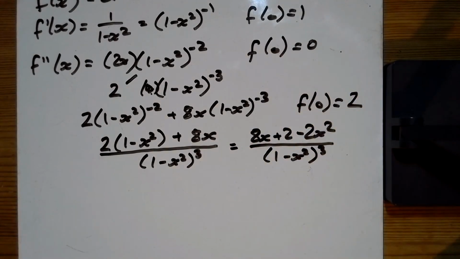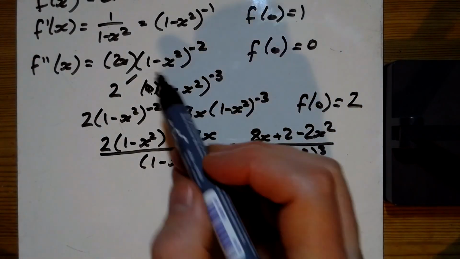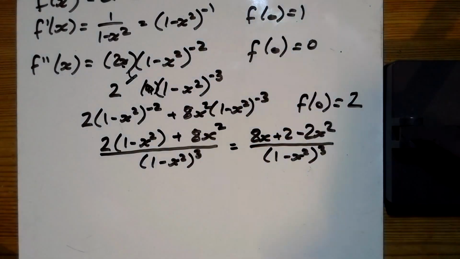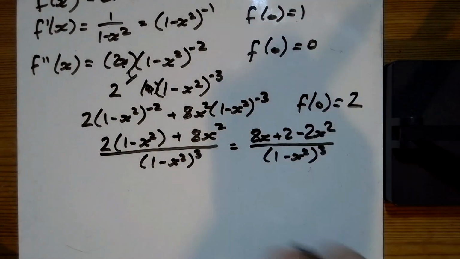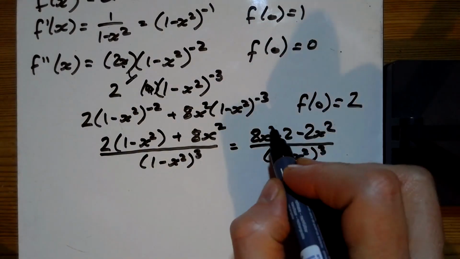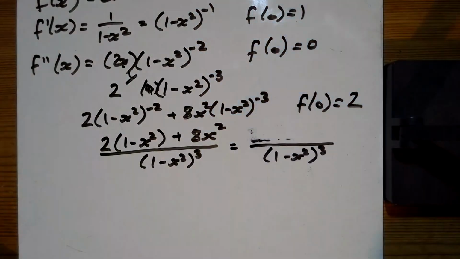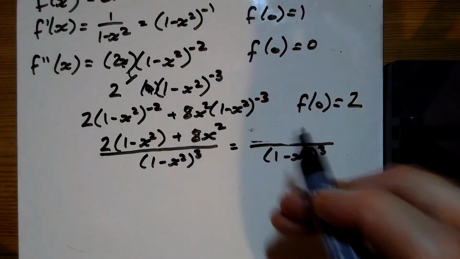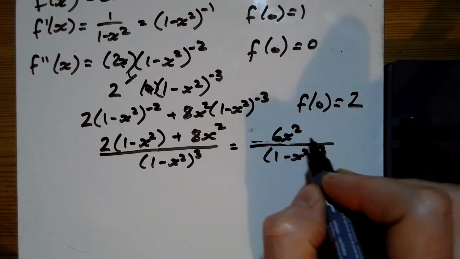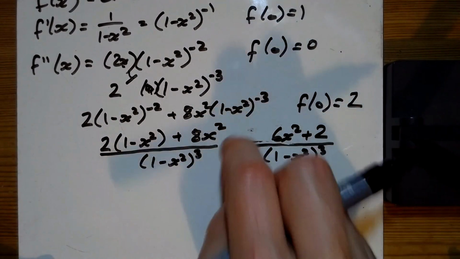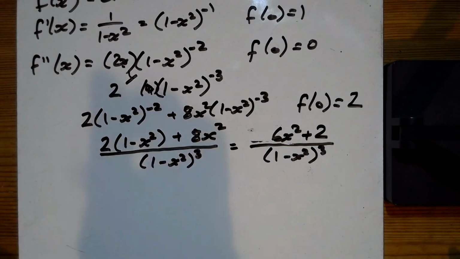So that's that bit there. And I'm not redoing it again because 2x times 4x is an x squared. That's an x squared there. So this is 8x squareds there. Take away 2x squareds. So that's why we've got 6x squareds. Add 2 on the top there. I am not redoing it for a third time.